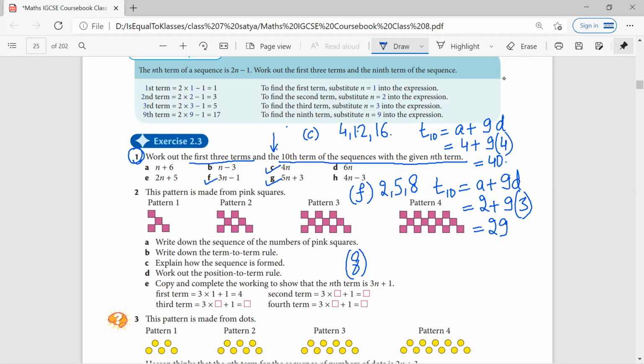How do I find G part? So I did 5 into 1 plus 3. Okay, what are the first 3 terms? 8, 13, and 18. So what is my 10th term? Tenth term is 197.